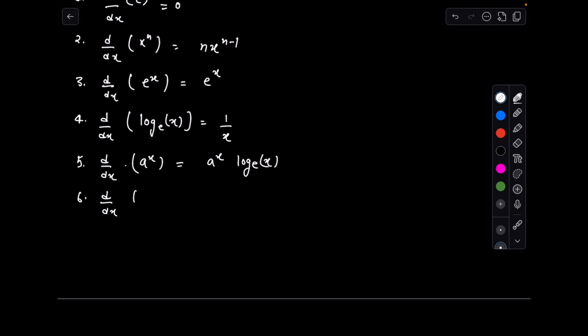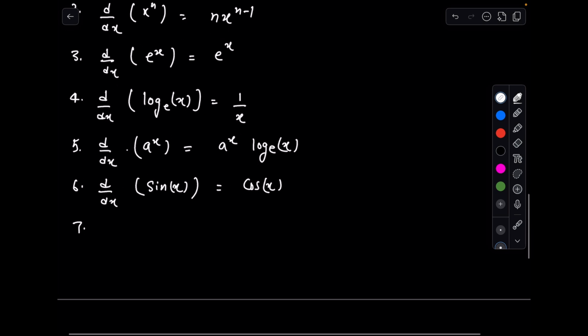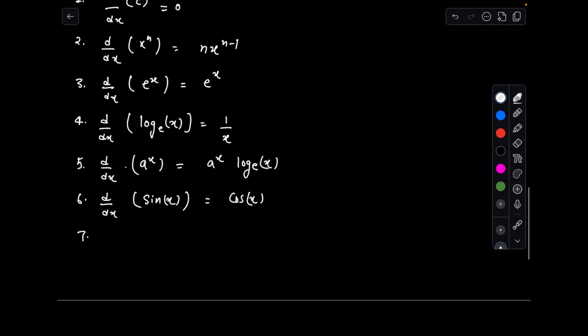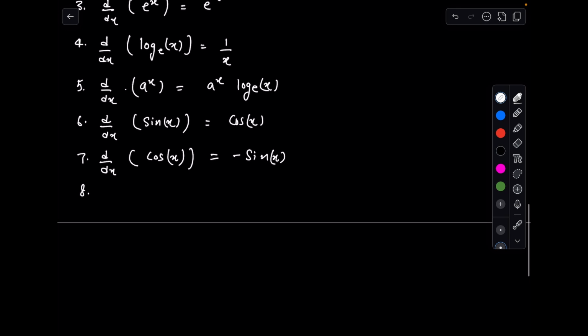Differentiation of sin x will be cos x, and differentiation of cos x will be minus sin x. Then d by dx of tan x is secant square x.